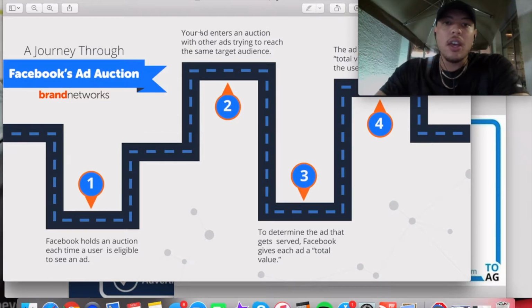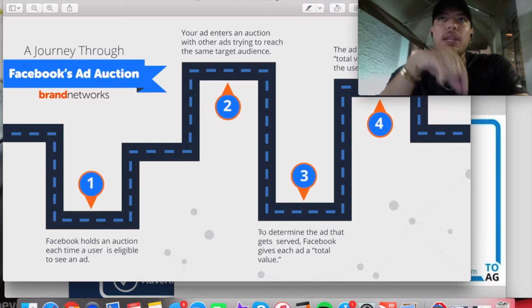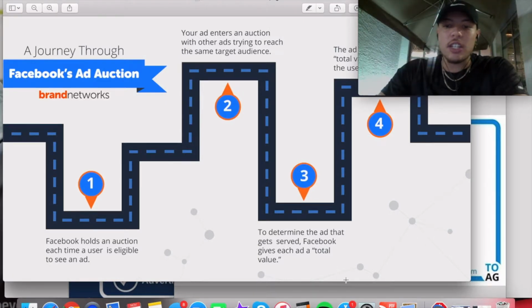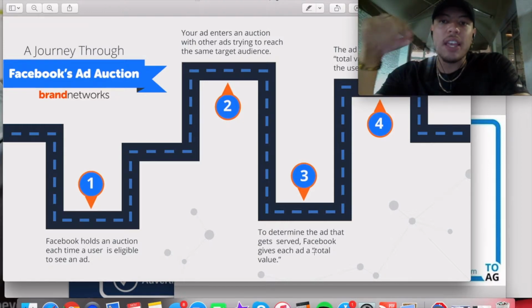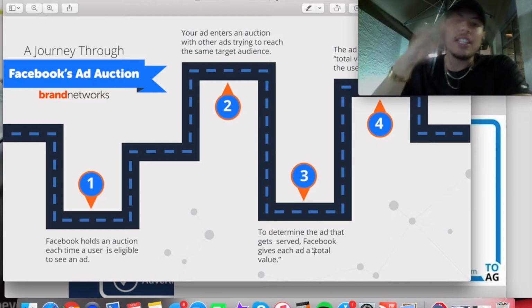Number 2, your ads enter an auction with other ads trying to reach the same target, like I just mentioned. Number 3, to determine the ad that gets served, Facebook gives each ad a total value. The way the bid system works, to keep it super simple, is something called CTR, click-through rate. So if you're taking notes right now, you want to write that down.